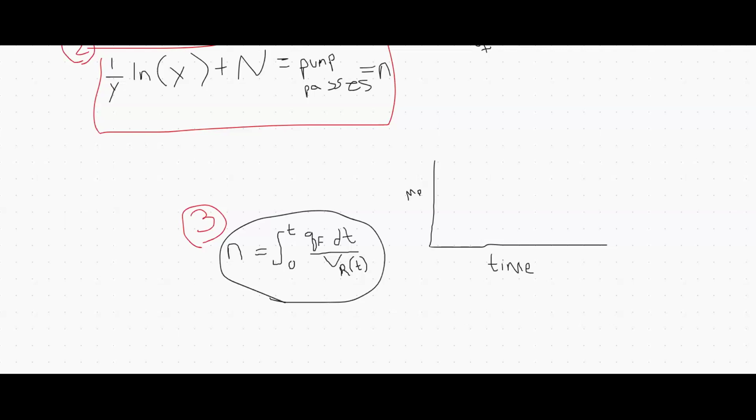And oftentimes the way this looks is like, as you concentrate your material, your flux slows down, so you collect less permeate mass over time. So you kind of get like a logarithmic sort of shape. Okay.